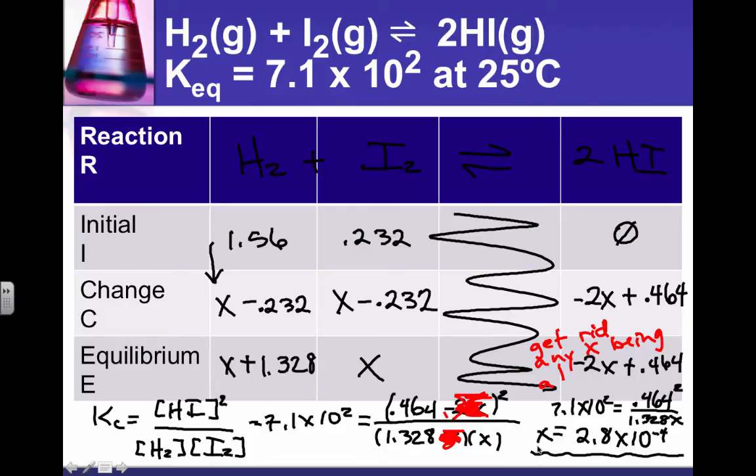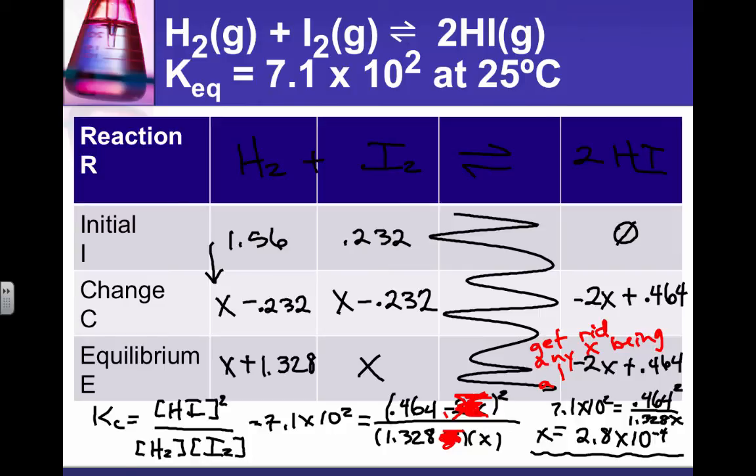So we're not done yet. Let's answer the question that was asked. We need to calculate the equilibrium concentrations of all of our substances. And what else do we need to do? That's all. Equilibrium concentrations of every substance in the container.